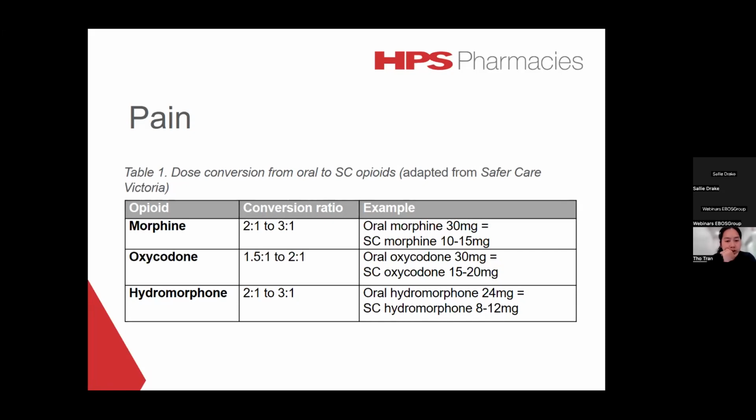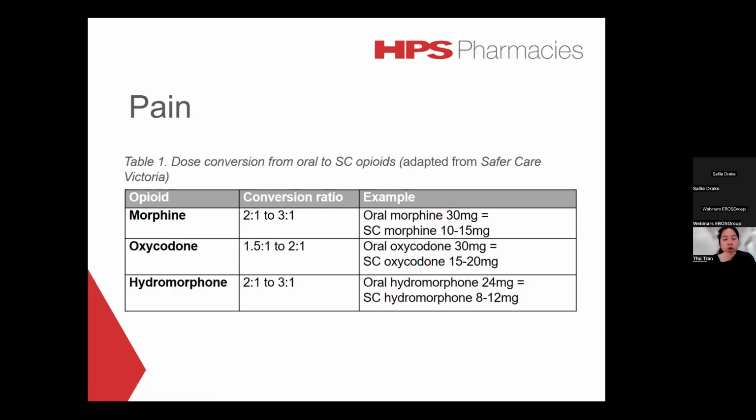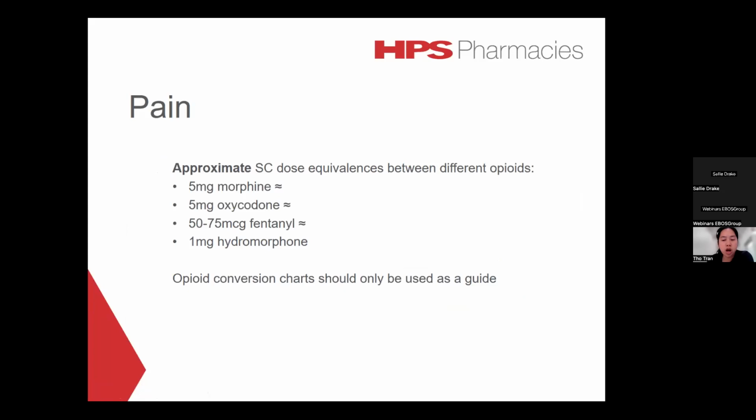The slides are gone. There we go. So if switching between different opioids is required, approximate subcutaneous dose equivalents are 5 milligrams of morphine, equivalent to 5 milligrams of oxycodone, equivalent to 50 to 75 micrograms of fentanyl, and equivalent to 1 milligram of hydromorphone in the subcutaneous form.